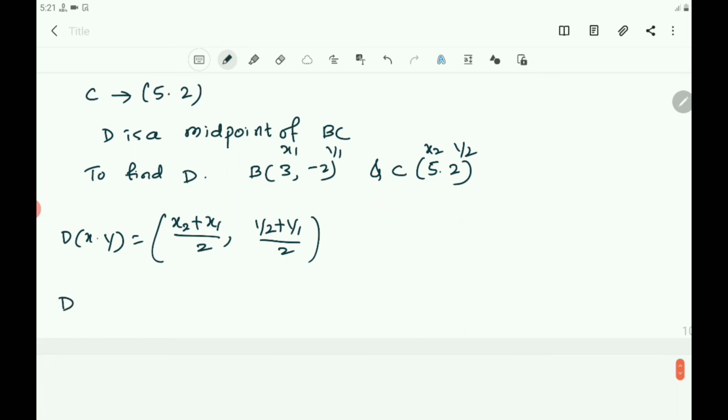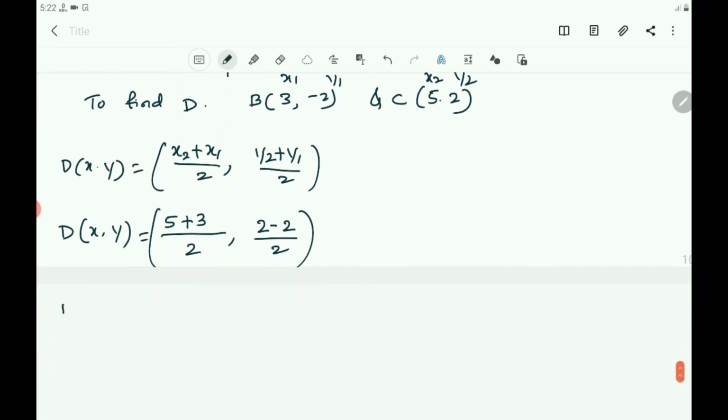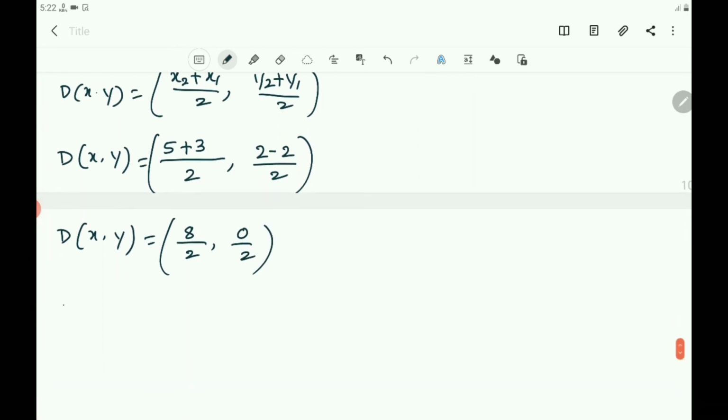Then D(x, y) equals ((5 + 3)/2, (2 - 2)/2), which is (8/2, 0/2). Then D(x, y) equals (4, 0).